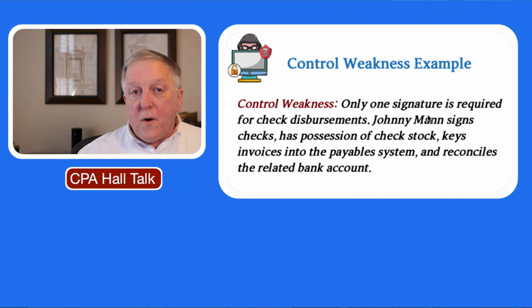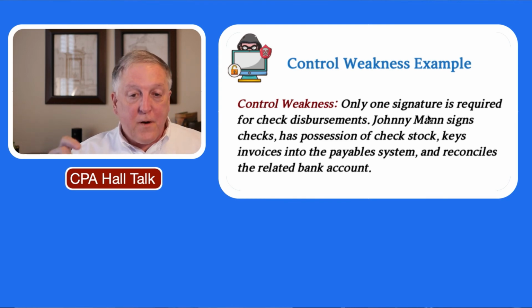So I do the walkthrough and then I'm highlighting the control weaknesses, and I do so just like you see on the screen here. I've got control weakness in red, and then I say what the control weakness is.